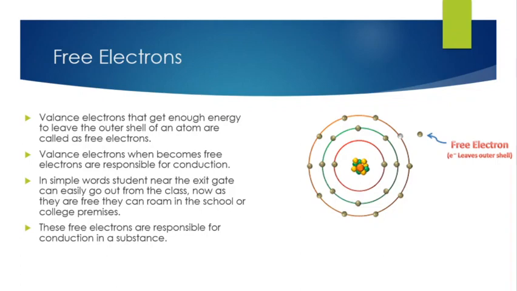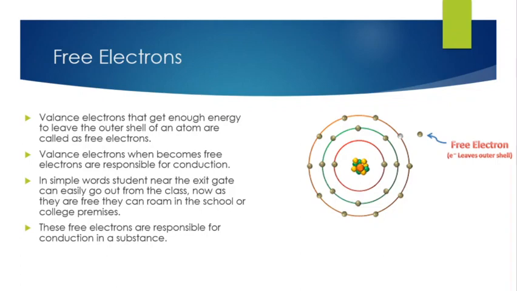That means they leave the outer shell of the present atom to move around the other atom. These electrons are called free electrons or conduction electrons also, because these free electrons are responsible for conduction.